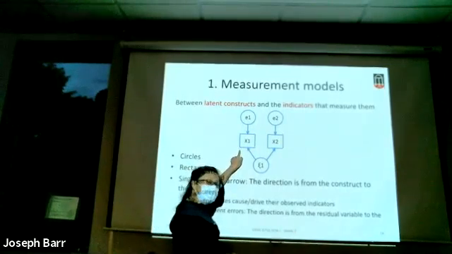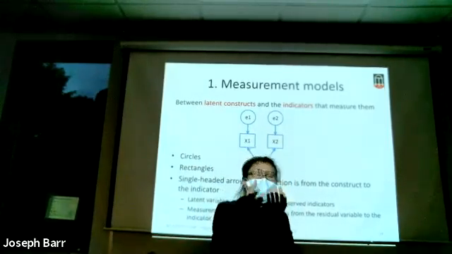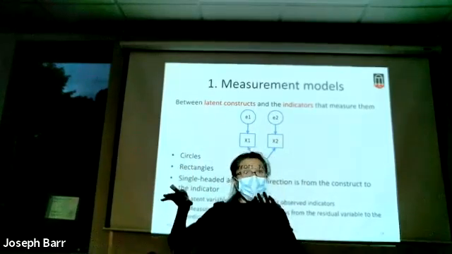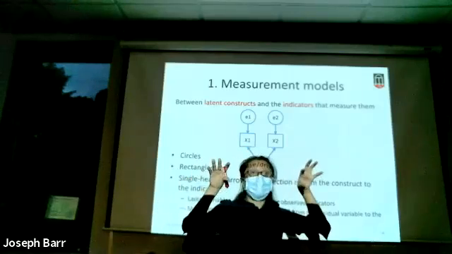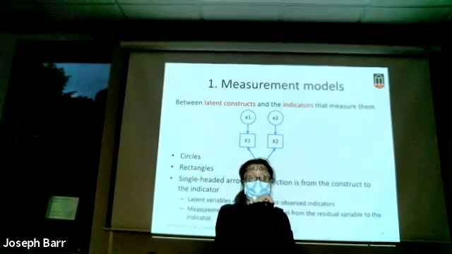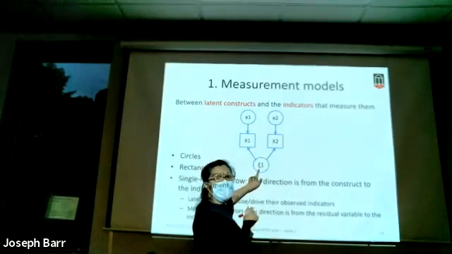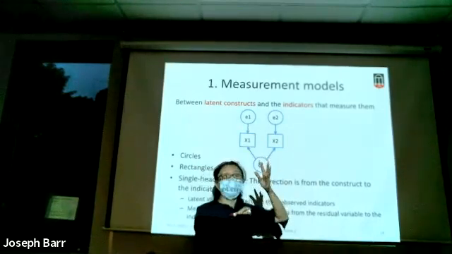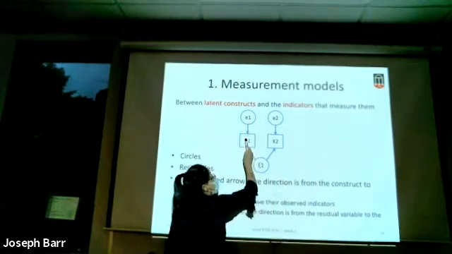So the final observed variable includes part of the residual, the measurement error, plus the latent trait. Together, we have the observed variable. So the observed variable is not a perfect measure of this latent trait. It also includes some measurement error. So that's why this one causes.